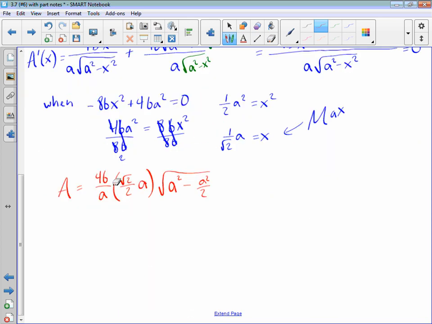And then just cleaning it up. Here, an a cancels. Here, this 2 cancels and leaves this as a 2. So it looks like I get 2 square root of 2b. Is that everything there? So that's this whole front piece. And then back here, I'd probably get a common denominator. So my common denominator would be 2. So I would have 2a squared minus a squared. Does that look okay to everybody?